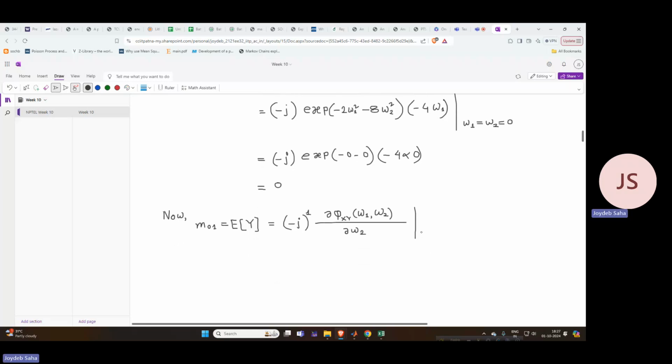Again the condition is the same: omega 1 is equal to omega 2 is equal to 0.